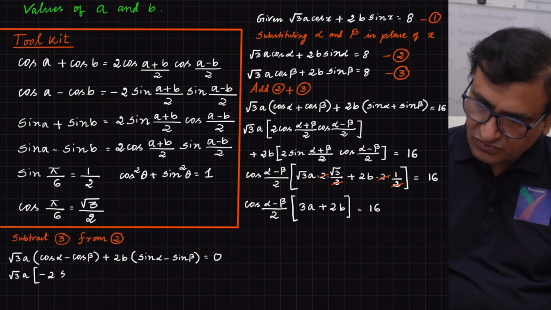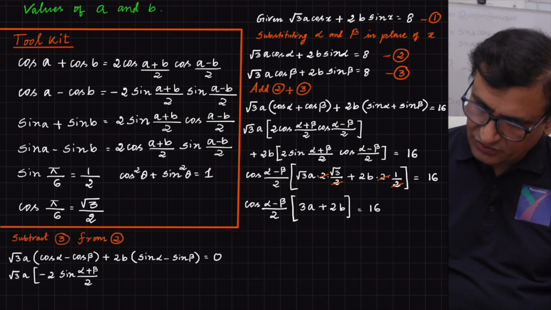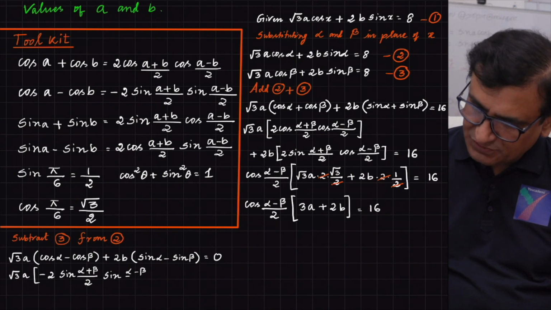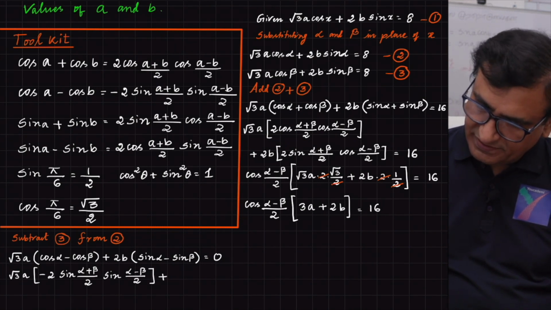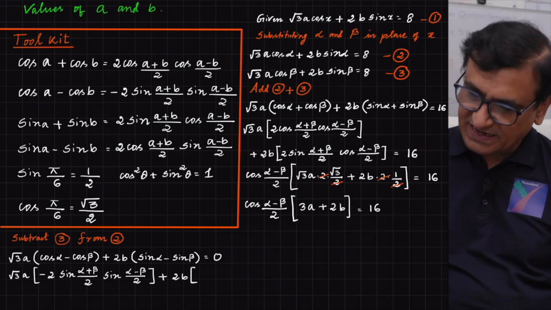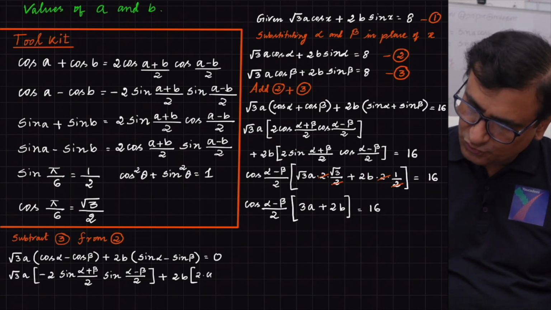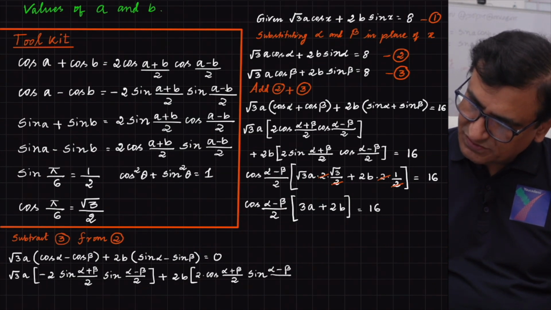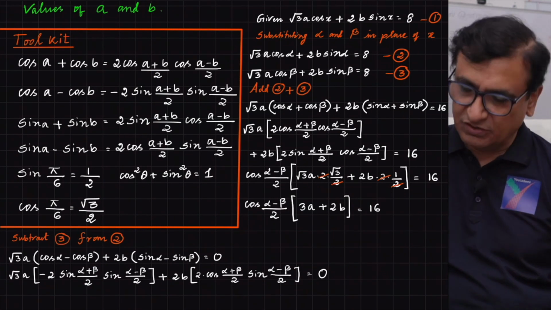So minus 2 sine((alpha plus beta)/2) sine((alpha minus beta)/2), close bracket, plus 2b, then the identity for sine alpha minus sine beta, that is 2 times cos((alpha plus beta)/2) sine((alpha minus beta)/2). Of course, on the RHS it is 0.